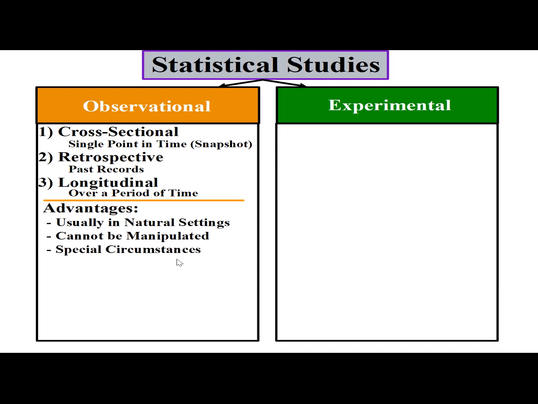And observational also, you can use special circumstances that maybe might be inappropriate if you bring those topics up in other circumstances. Kind of like, let's say if we were to do a study on, I don't know, drug use.